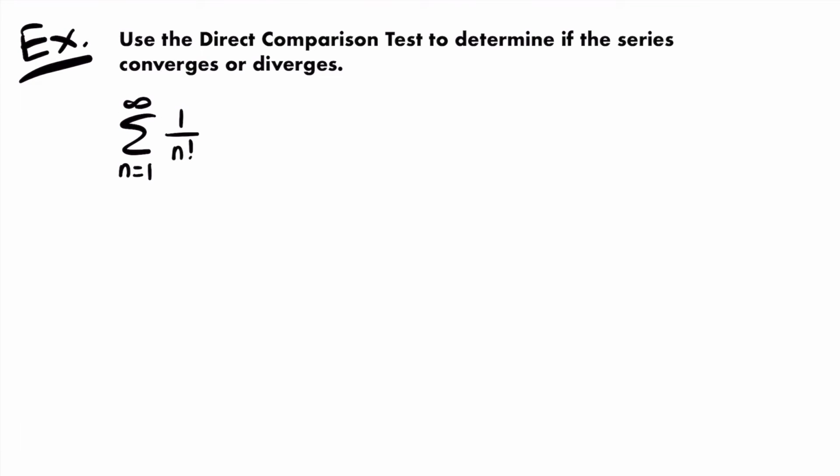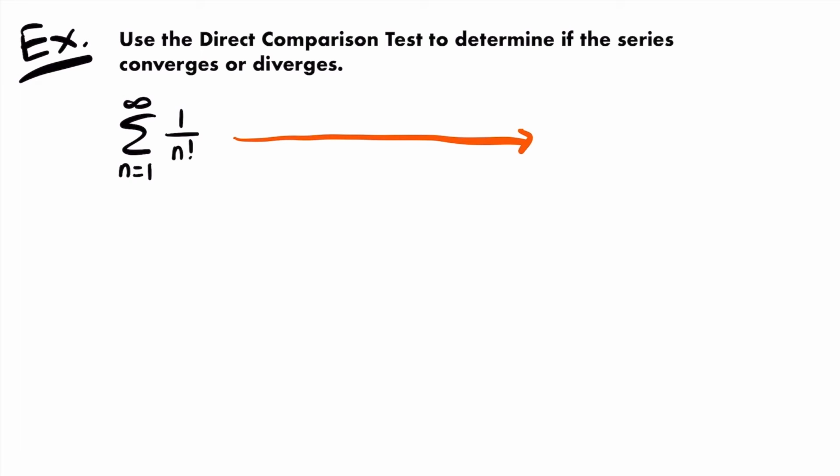Well, even though it doesn't have any features that we can recognize, we still can compare it to a p-series, right? We still have 1 divided by n factorial, so we do have a value of n in the denominator, and so maybe we can compare this to a p-series where we also have n in the denominator, but raise it to a power. All right, and so what we're going to do is compare this to a p-series.